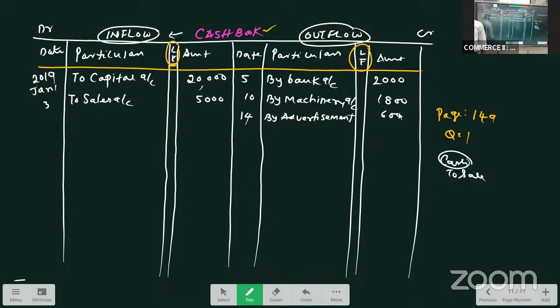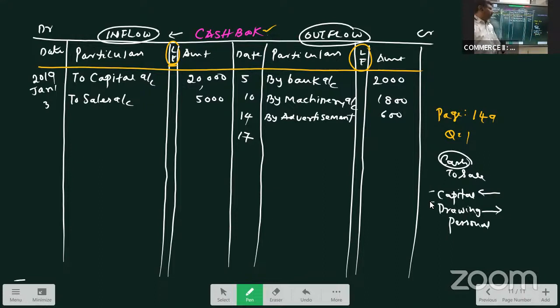Then we have drawings. On 17, we have drawings. What does drawing mean? Capital is the amount invested by proprietor, and drawing is the amount taken away by proprietor for his personal use. Again, this can be a 2-marker.